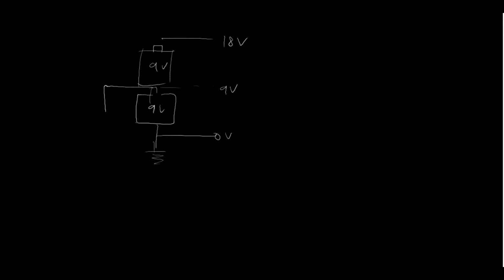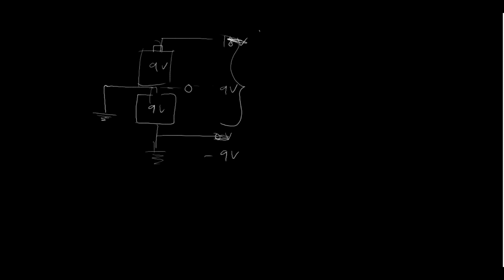Now if you have two batteries connected in series, 9 volt each, and you consider this as the 0 reference, or this is connected to ground, then the voltage at this point will be 9 volt and the voltage at this point will be 18 volt. At the same time, you can consider this as a ground point, right? So this will have a voltage of 0, and this is grounded, so what was 18 volt is now reduced to 9 volt, and this will become minus 9 volt.